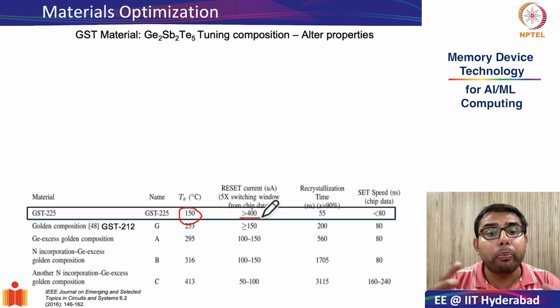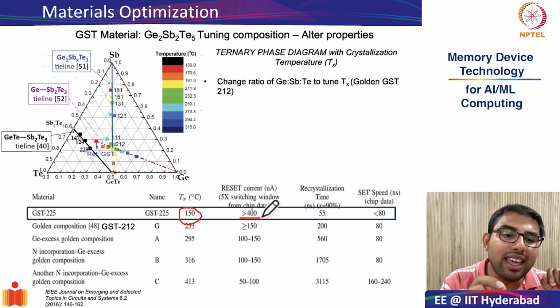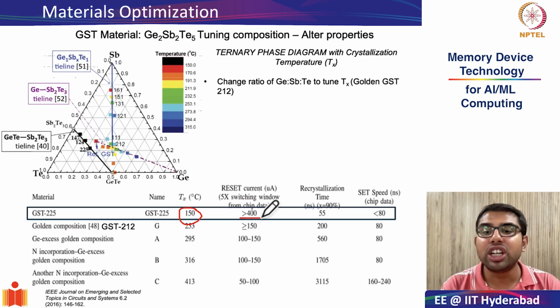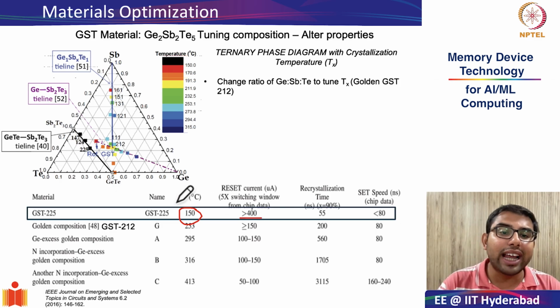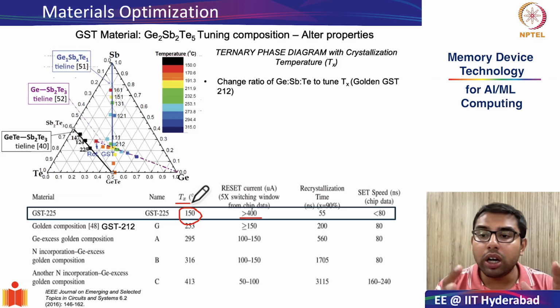Therefore, in order to reduce the reset current, people decided you need to play with the composition of this GST material. So the idea is, can we increase the crystallization temperature of this GST material? The way to do that is to take a deep look at the so-called ternary phase diagram of GST.